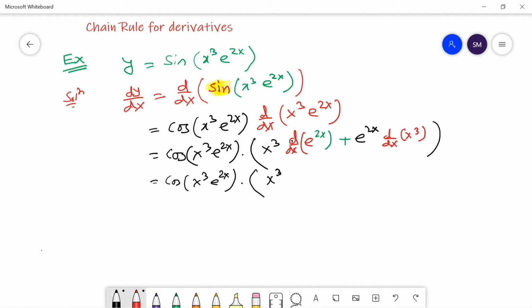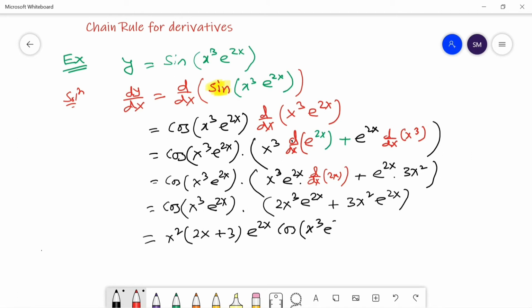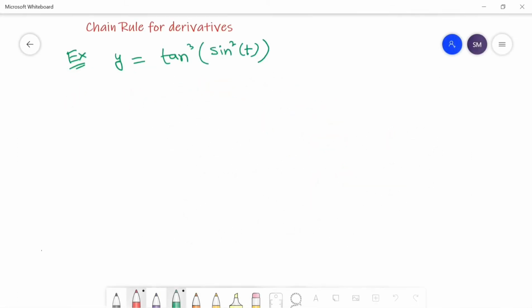In the next step, we apply the chain rule on e to the power 2x, and the derivative will be e to the power 2x times the derivative of 2x, plus e to the power 2x, and the derivative of x to the power 3 is 3x squared. Since the derivative of 2x is 2, writing the terms in an arranged way, you will have the final answer.